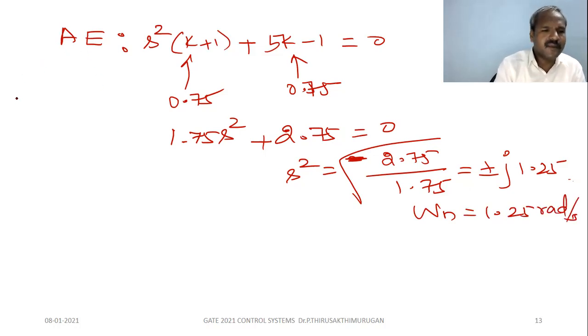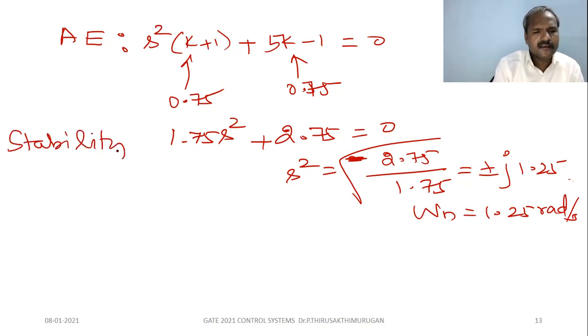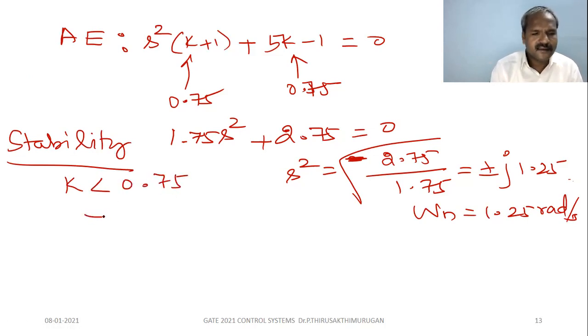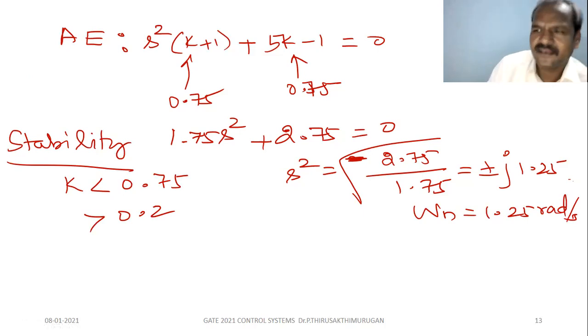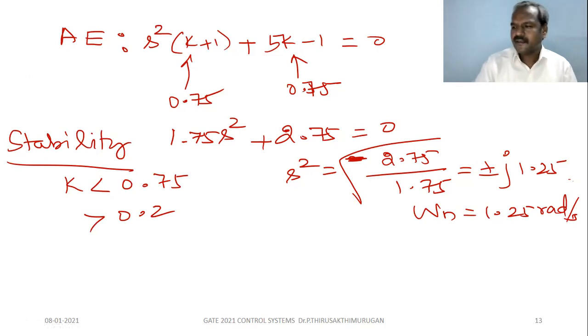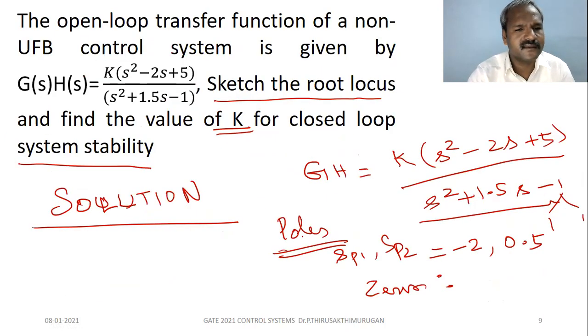So what is the stability? For stability, k should be less than 0.75 and greater than 0.2. This is for stability. Clear? So this is for the system stability. Understand? So what is the solution for this?